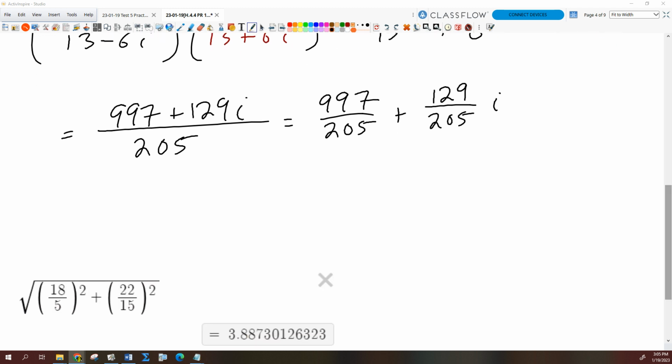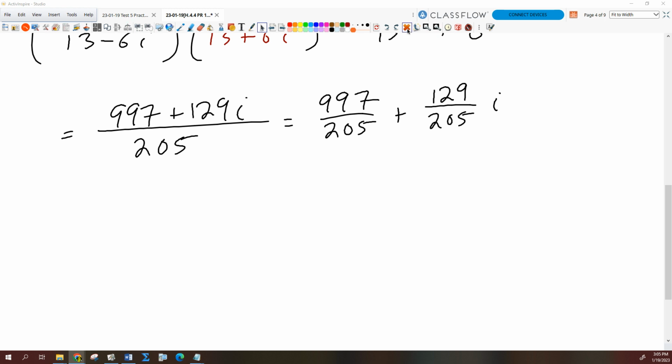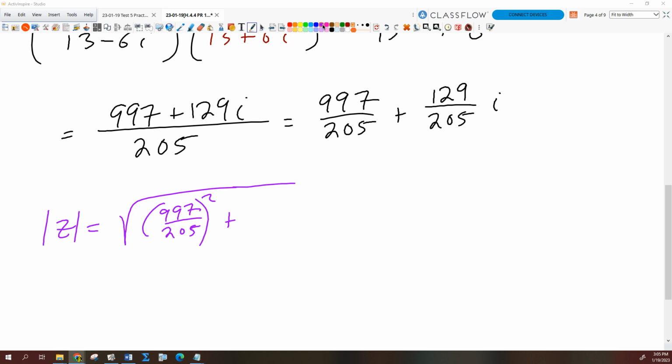That's our exact answer. Now again, if we want just a single number, we want to calculate the modulus of that impedance. Since you have calculators handy, let's calculate that. Our modulus would equal the square root of (997 over 205) squared plus (129 over 205) squared.